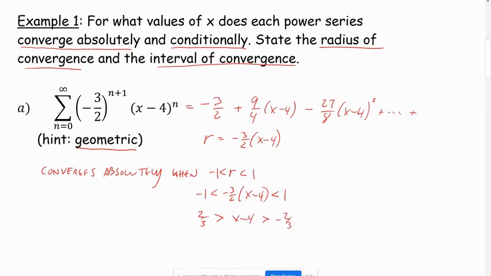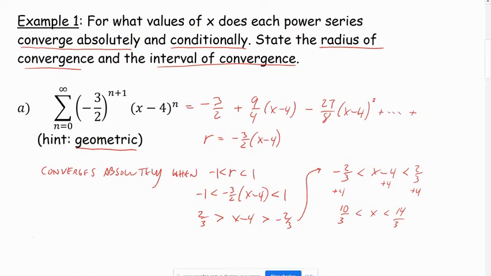So this can be rewritten as negative 2/3 is less than x minus 4 is less than positive 2/3. And then we can add 4 to all 3 parts, and we get 12/3 minus 2/3 is positive 10/3. It's less than x is less than 12/3 plus 2/3, which is 14/3.